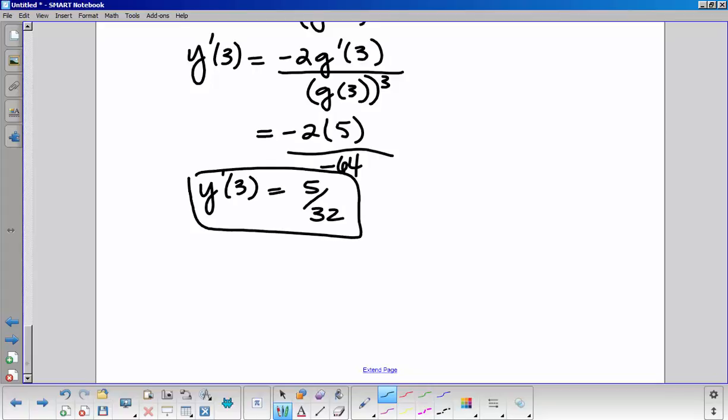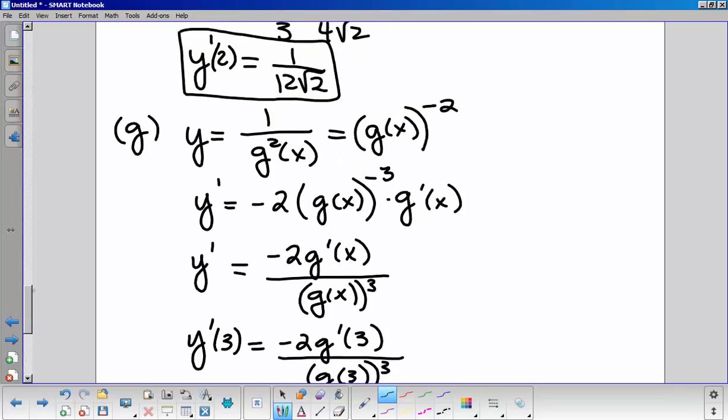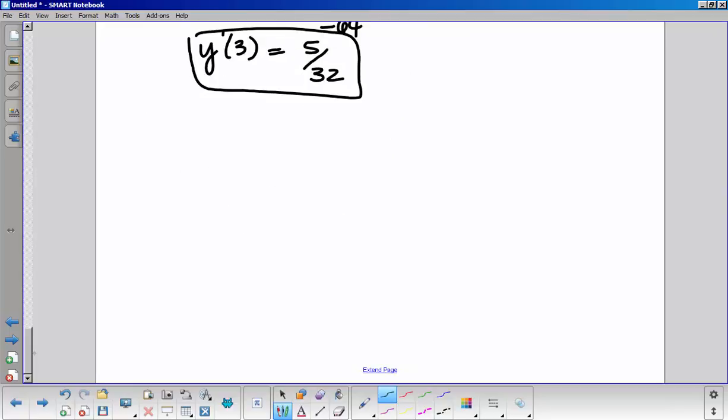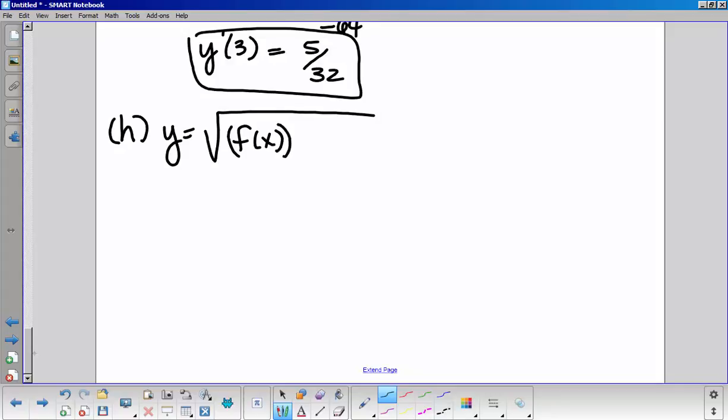And then we have h, which is the winner. What's h? The square root of f of x squared plus g of x squared, and we're evaluating it at 2. What are we going to do first? Rewrite it. Good.